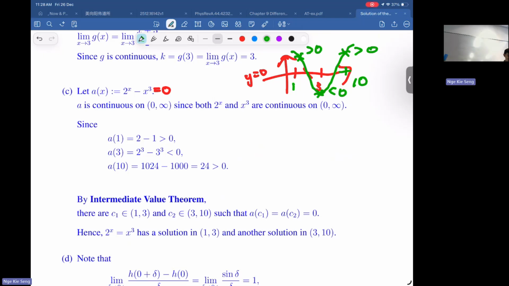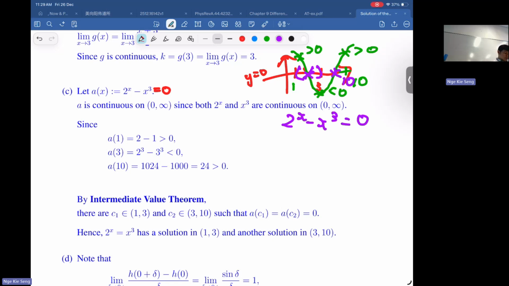By the intermediate value theorem, within 1 and 3 it will pass through 0, and within 3 and 10 it will pass through 0 again. There must be some point that achieves the equation equal to 0. This is how you use the intermediate value theorem.